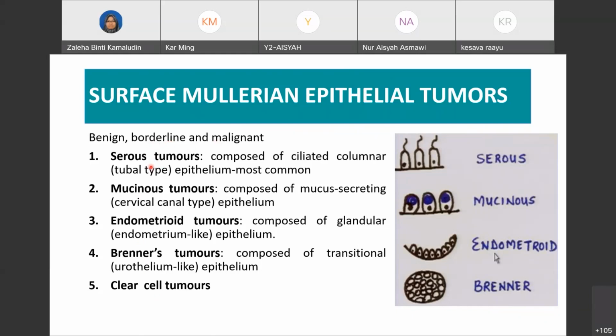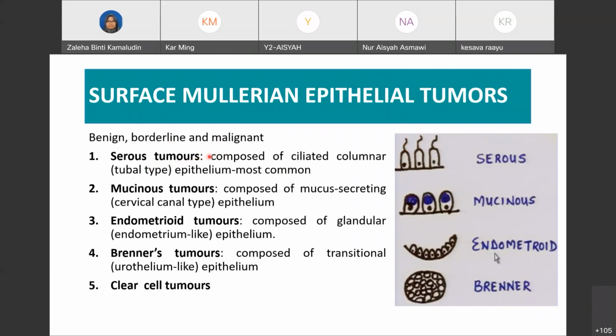Okay, for example, serous tumor, it is lined by the ciliated columnar epithelium. This is the columnar epithelium with the cilia on the surface. All right, and this serous tumor is further classified into benign, borderline, and malignant. Benign, we call it serous cystadenoma, because most of the benign serous tumor is forming cystic spaces.